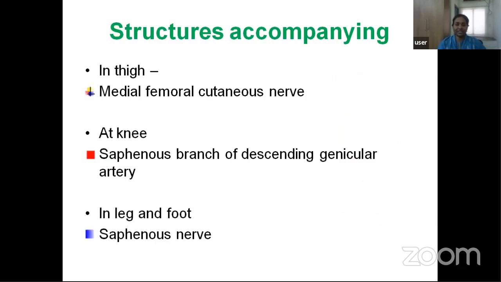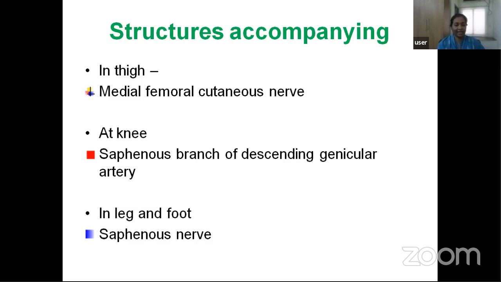Now this great saphenous vein is accompanied by some structures. In the thigh, it is accompanied by the medial femoral cutaneous nerve, which is a branch of the femoral nerve. At the knee, it is accompanied by the saphenous branch of the descending genicular artery. The descending genicular artery is a terminal branch of the femoral artery, and that gives a branch called the saphenous artery, which accompanies the great saphenous vein.